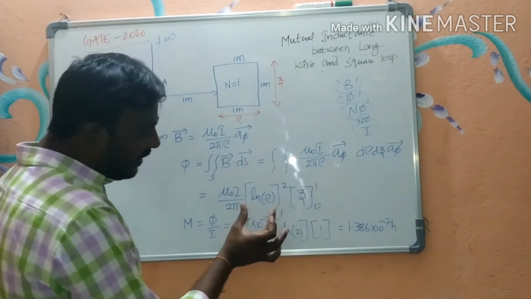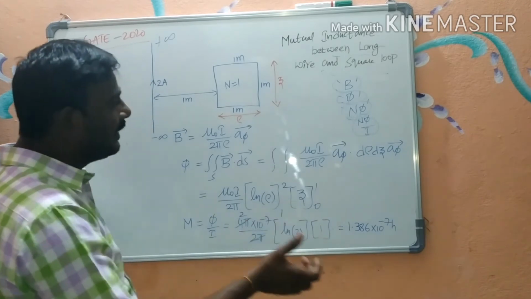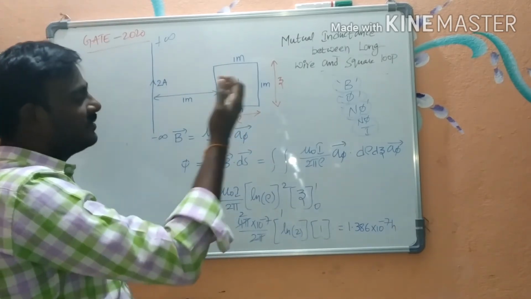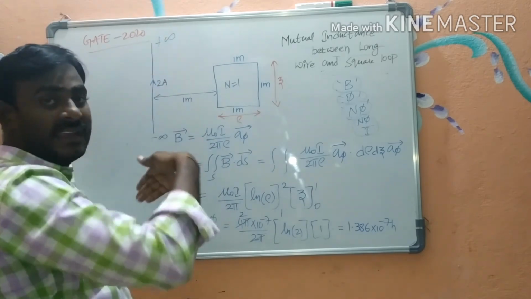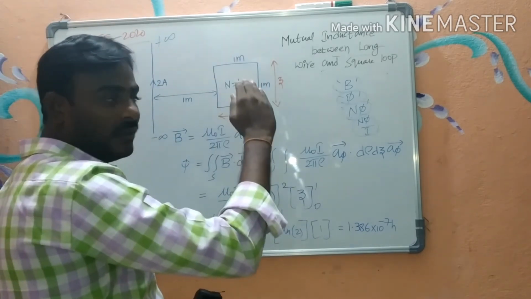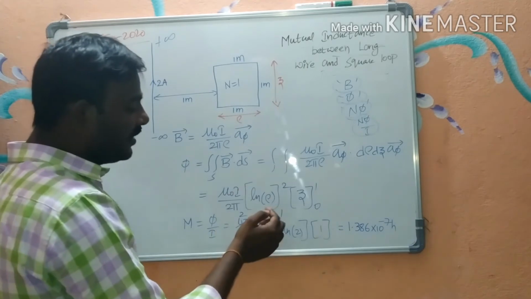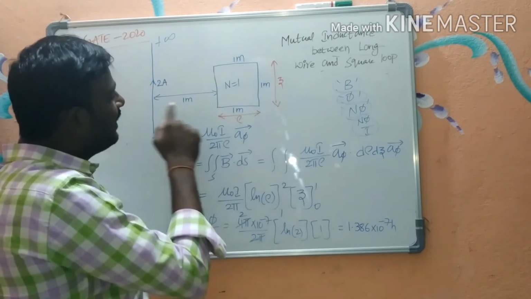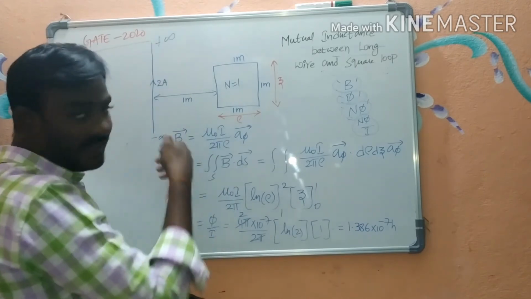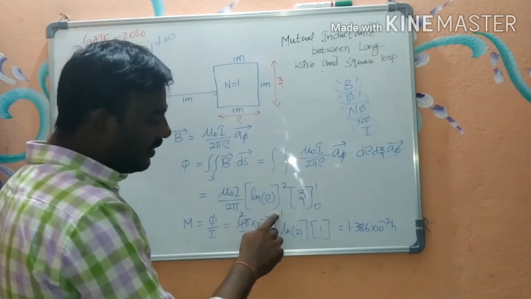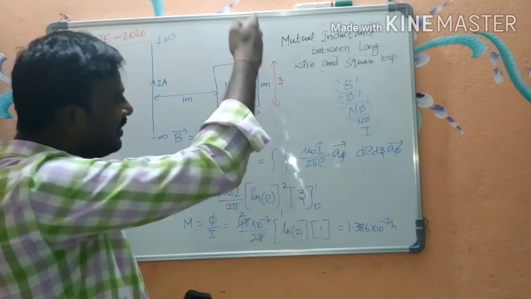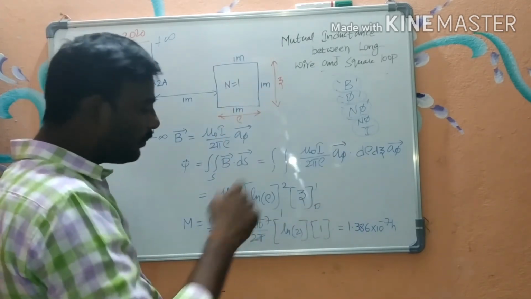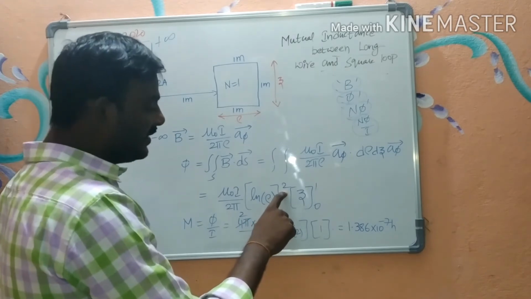Now, how do we take the limits of rho and z? It depends upon the distance between the current carrying conductor and the loop. If this side is at a distance of 1 meter from the conductor, the initial limit is 1, and this side is at a distance of 1 plus 1, which is 2, hence the upper limit is 2.